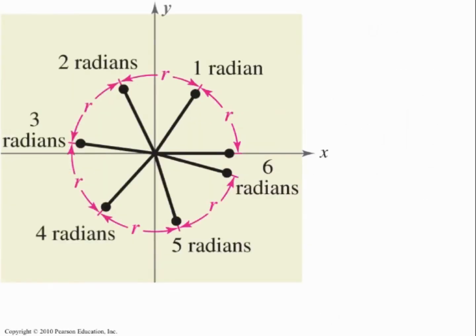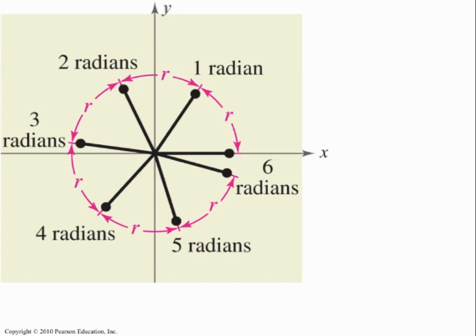All right, moving on. Let's look at how many radians there are in a full circle, and we can actually just count them. Looking at this circle, we can see that we have more than 6 radians. In fact, it looks like about 6 1/4. It turns out that there are exactly 2 pi radians in one circle.